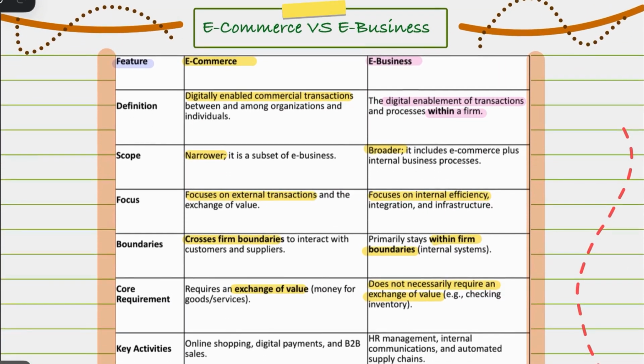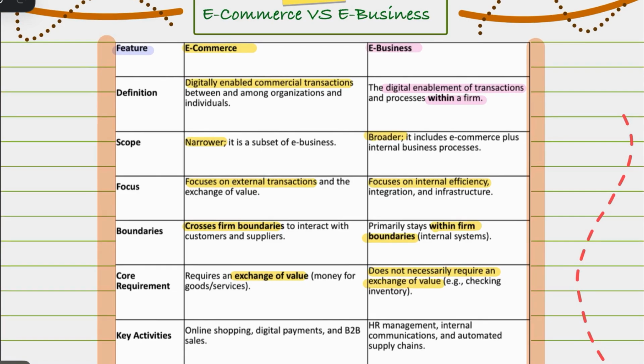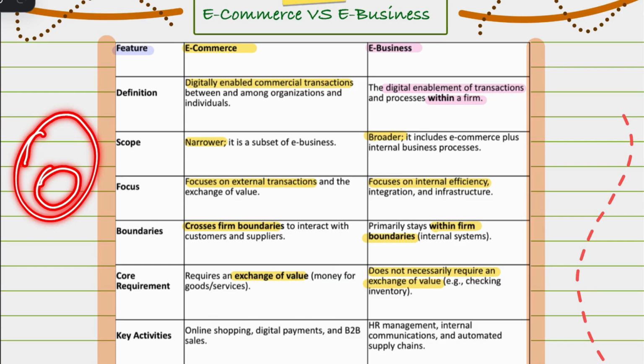Now we'll talk about the tabular difference between the two. E-commerce is a digitally enabled commercial transaction, whereas e-business is a digitally enabled transaction process within a firm. This is the important thing you need to write. The scope of e-commerce is narrower because it is a subset of e-business. So this is e-business, this is e-commerce, right?